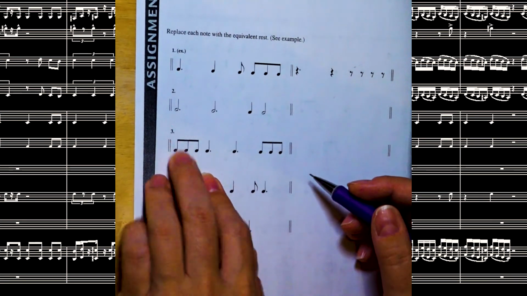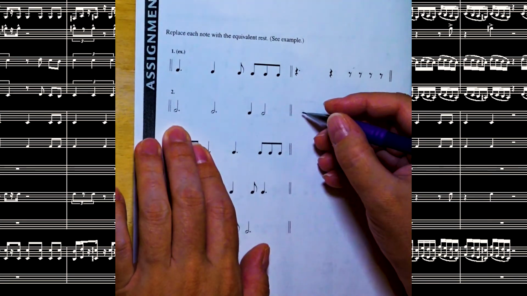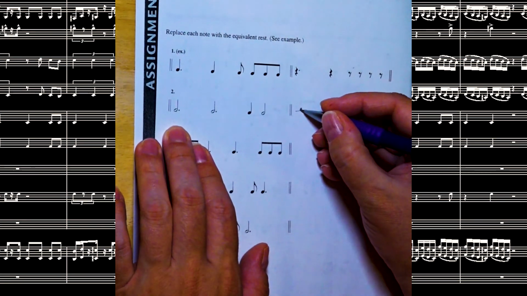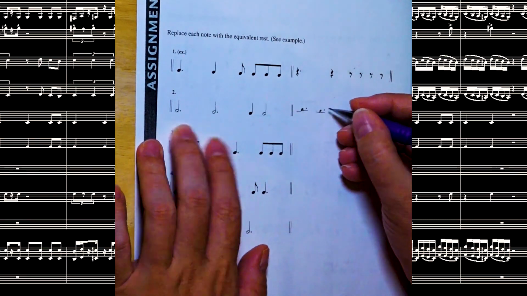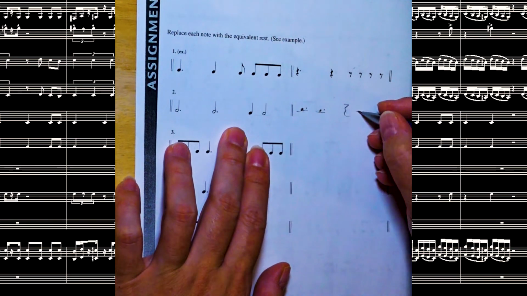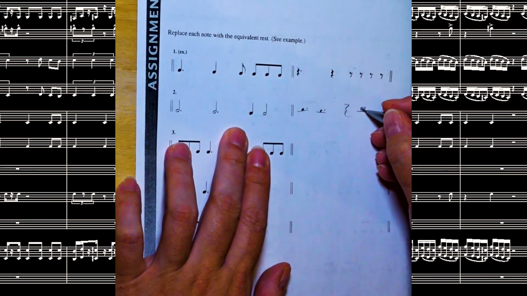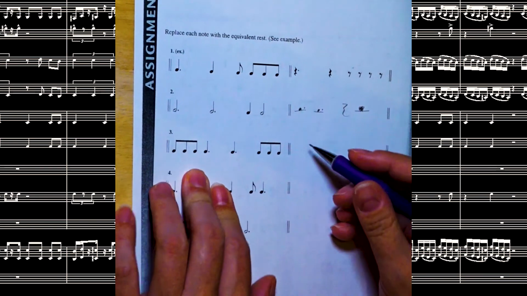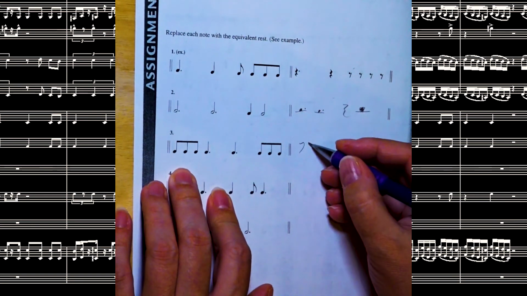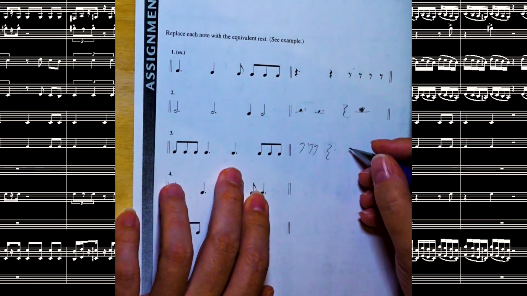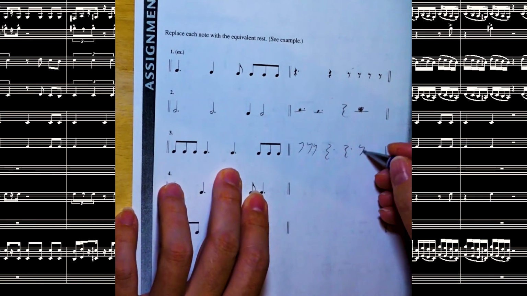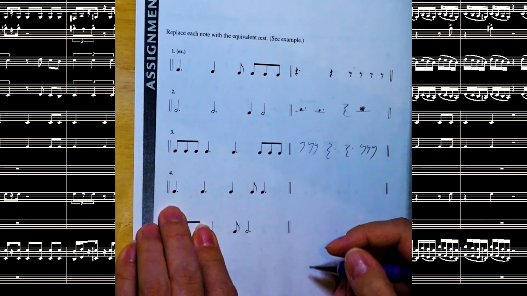It doesn't make a difference because you're still converting these. So half rest, quarter rest, half rest. Eighth rest, eighth rest, eighth rest, quarter rest dot, eighth rest, eighth rest, eighth rest.